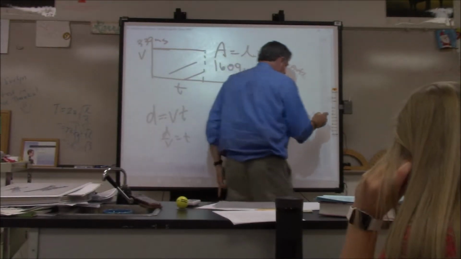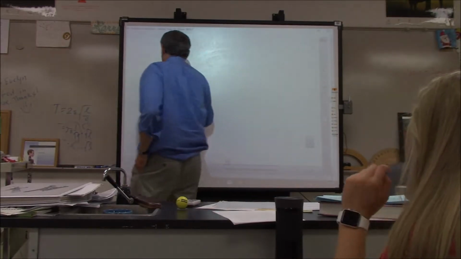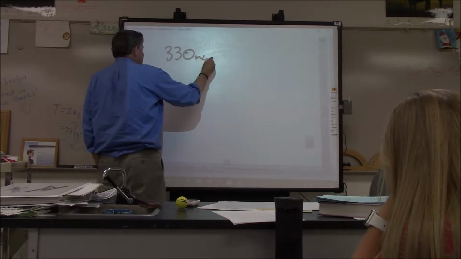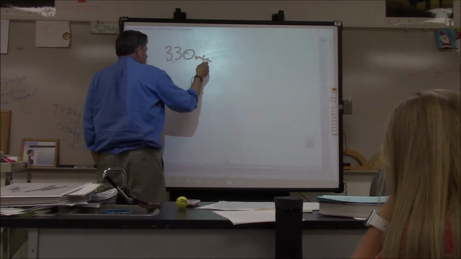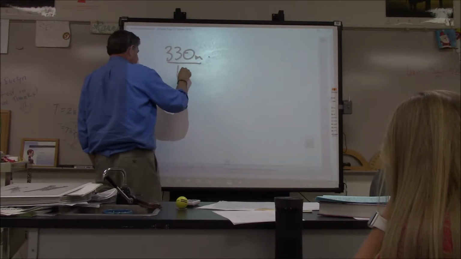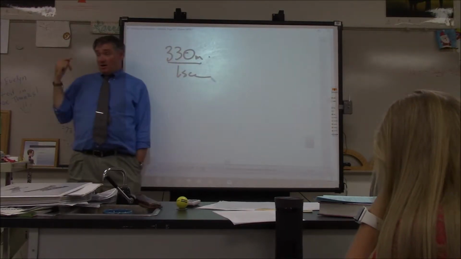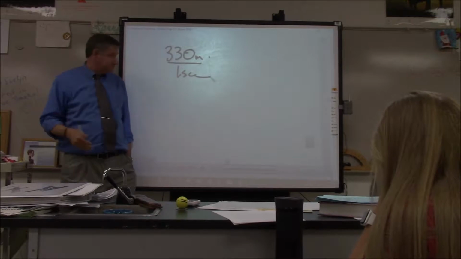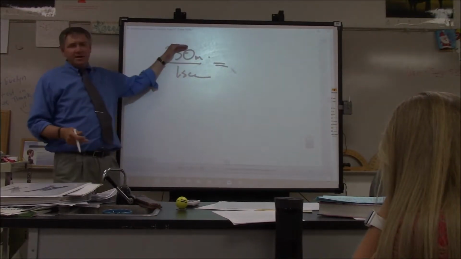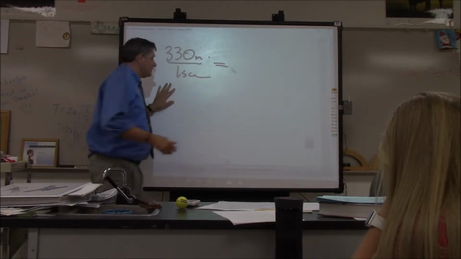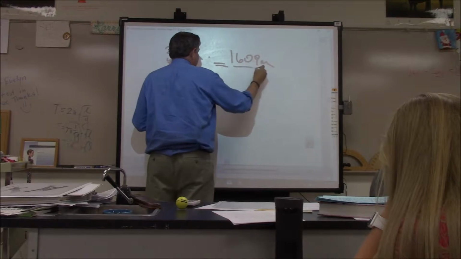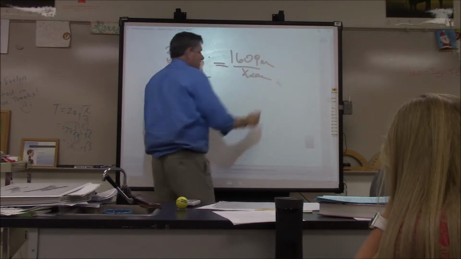Now, some people like ratios. So the other thing that you can do is look at this and go, okay, I got a velocity of about 330 meters, and I'm going to write this over 1 second. Right? That's what that number means. 330 meters per 1 second. So if you like ratios, you can go, okay, well if I got 330 meters per 1 second, that's going to equal 1,609 meters over X number of seconds.